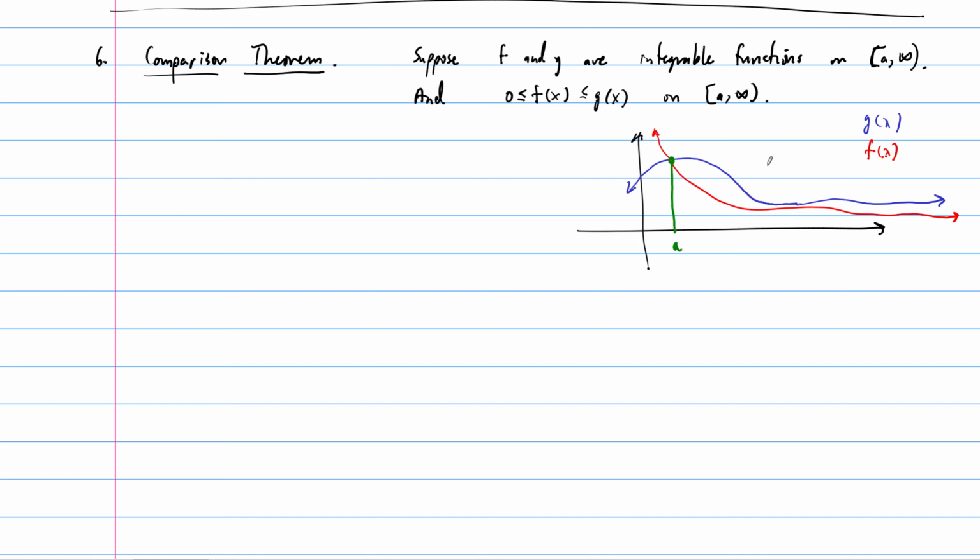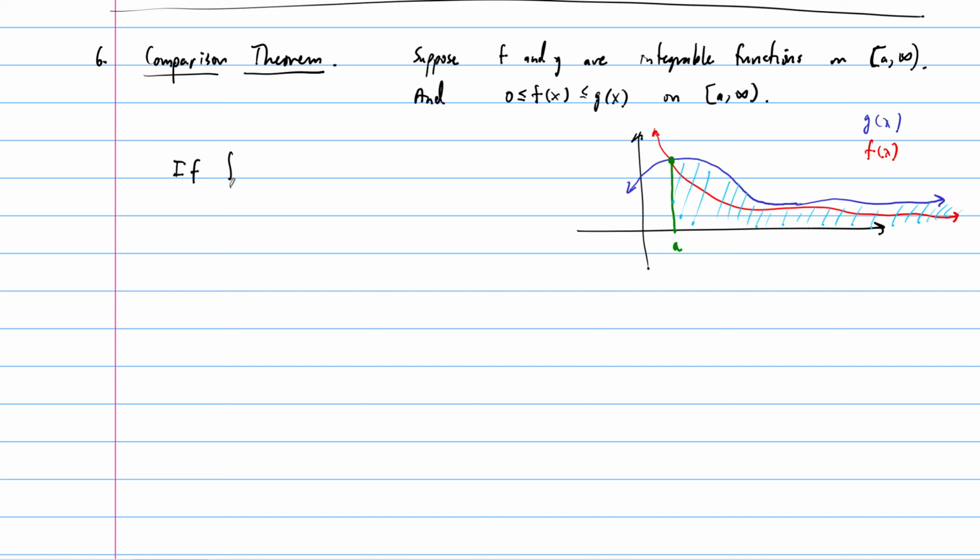All right, and so this is the idea. The comparison theorem says that if this is all true, and we know that the g integral is convergent, so if the integral underneath the blue curve is convergent, if this area is finite, then the area underneath the red one has to be less than that, which means it's also finite, right?